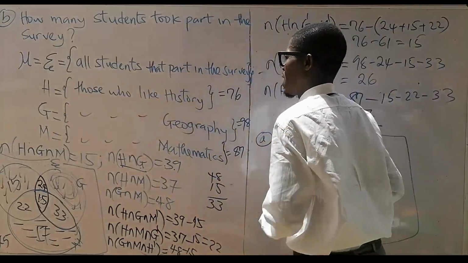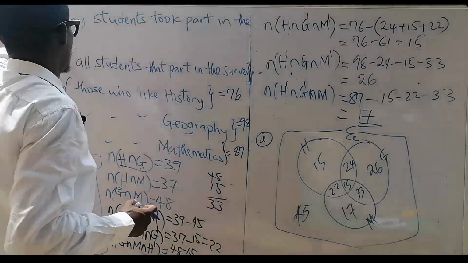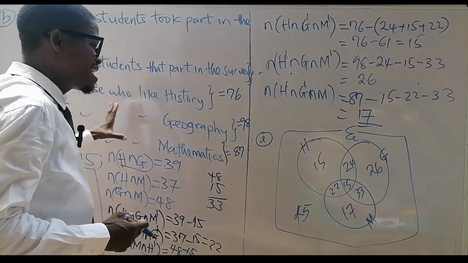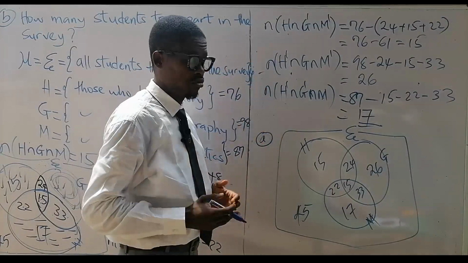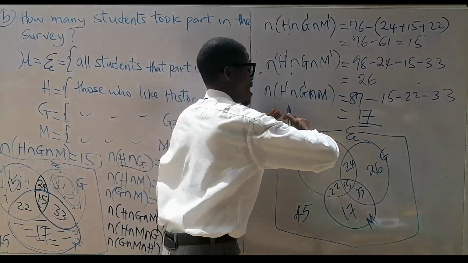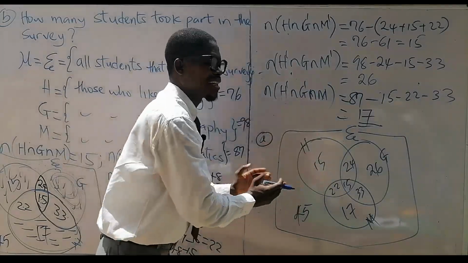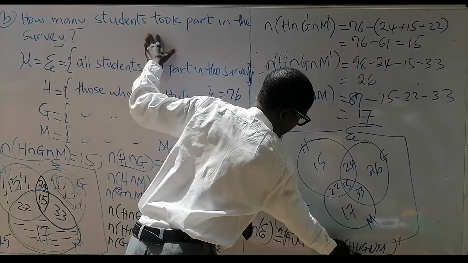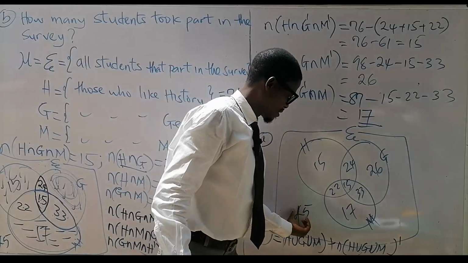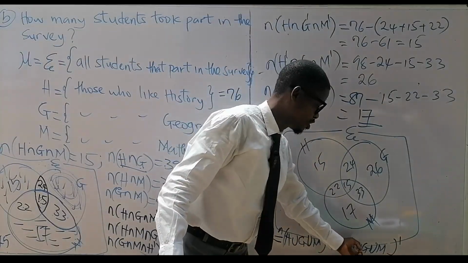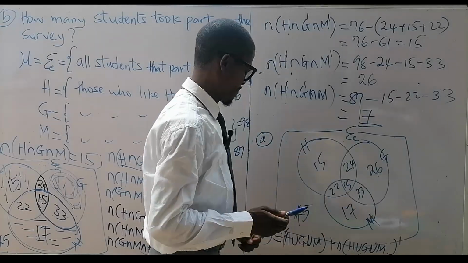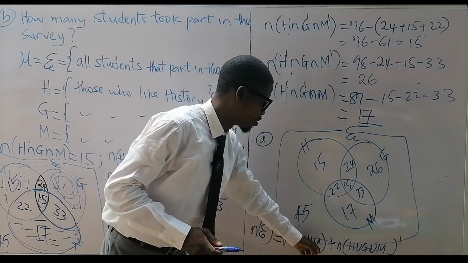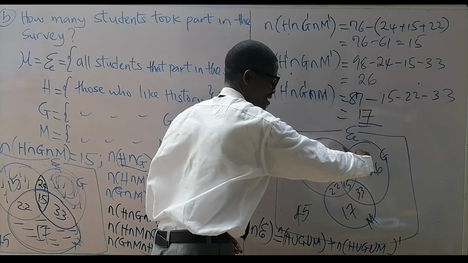And the final part is how many students took part in the survey. That is the total number of the students. That will be everything in this rectangular box. The 45 is H union G union M all enclosed in prime, and H union G union M is the combination of these 3 circles.